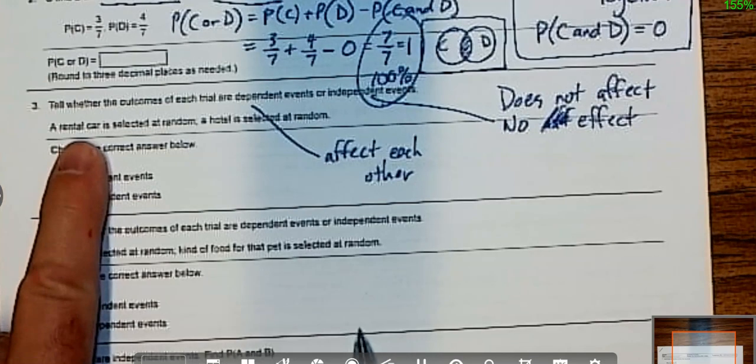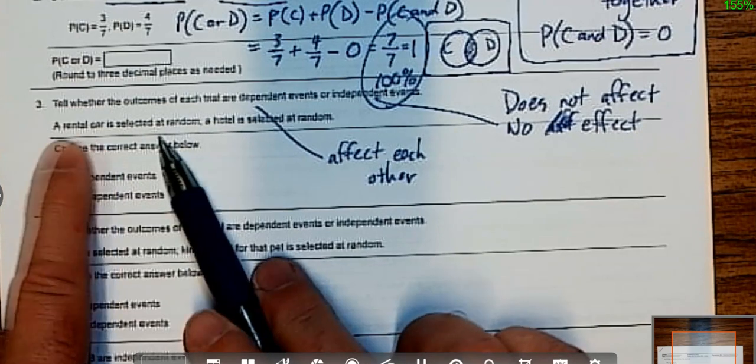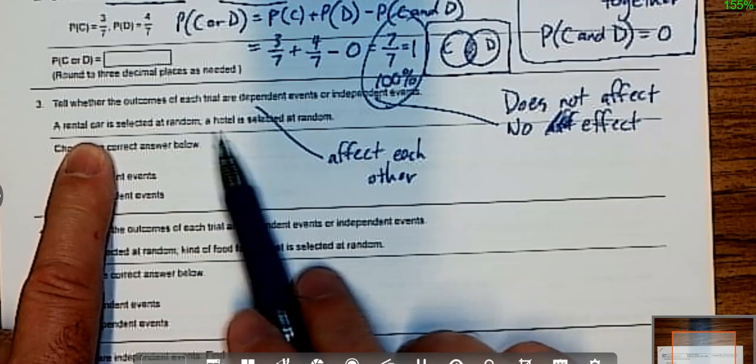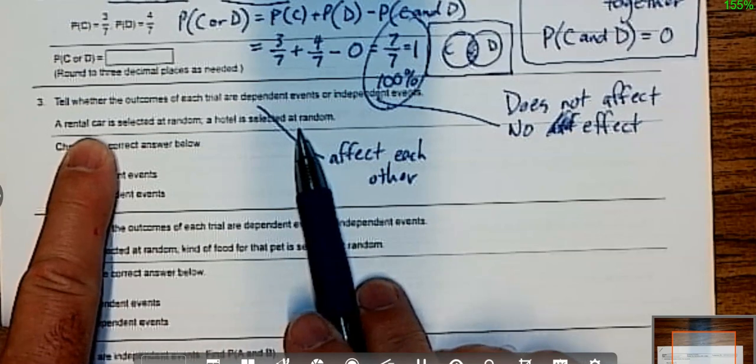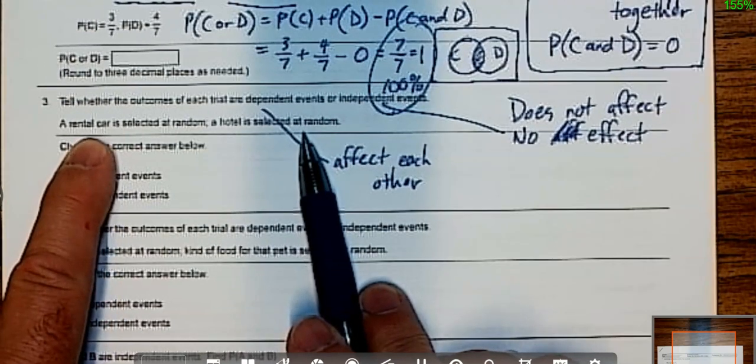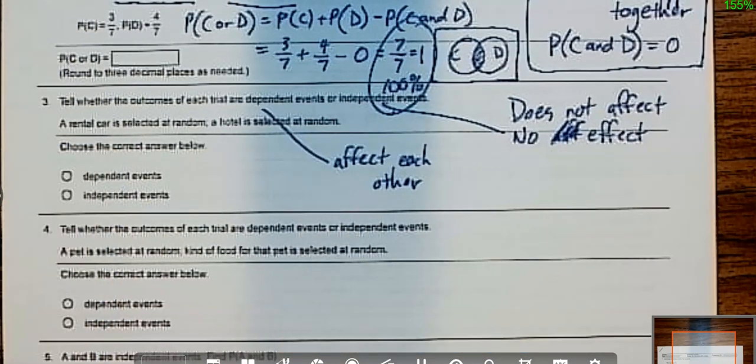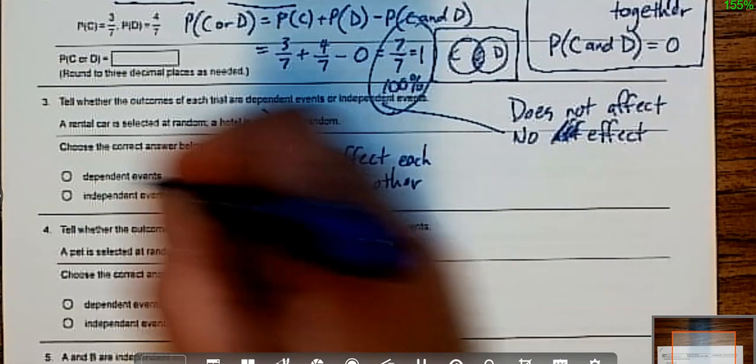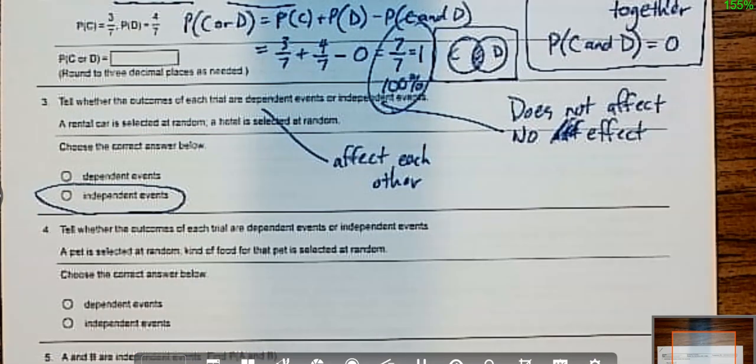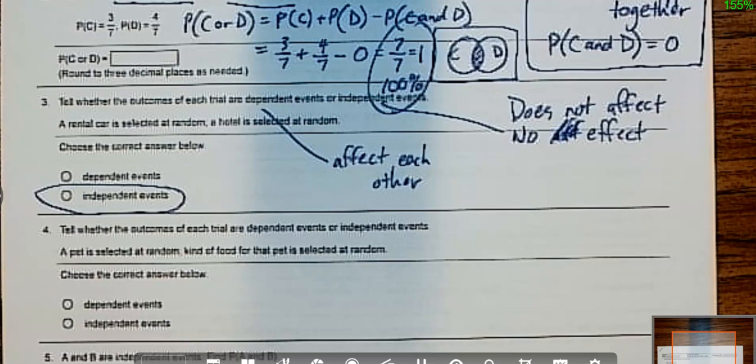Okay, so I rent a car. Rental car is selected at random. A hotel is selected at random. Does one depend on the other or not? Nope. Those are independent events. Under what condition would that change to dependent?